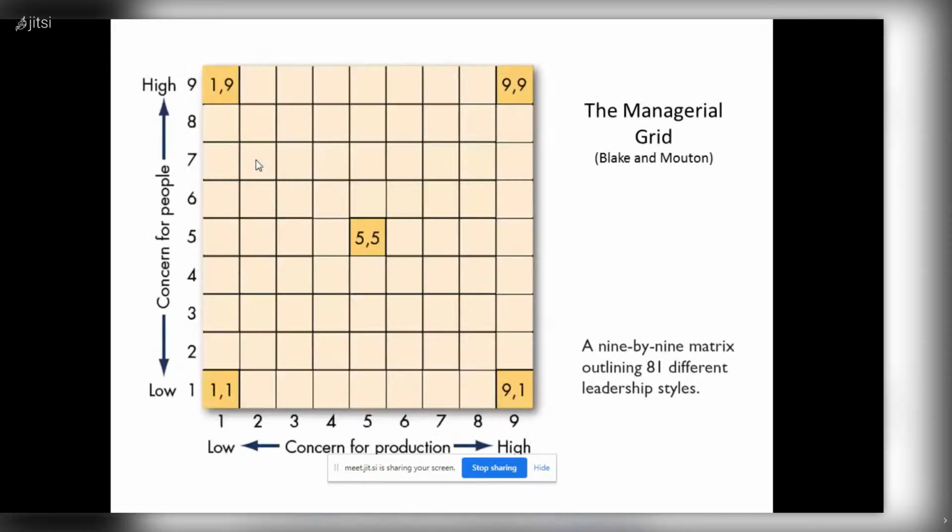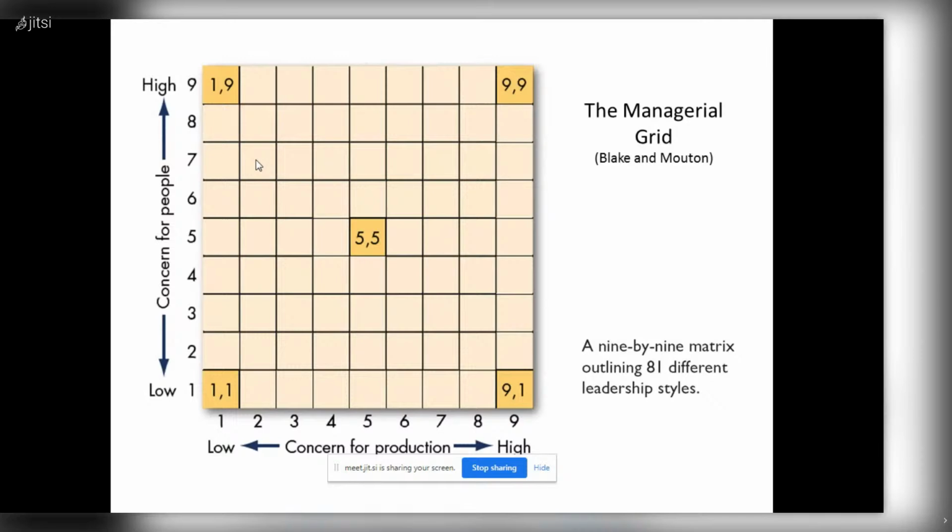If you observe this one, which is called the managerial grid, the behavioral dimensions from these early leadership studies provided the basis for the development of a two-dimensional grid for appraising leadership styles.